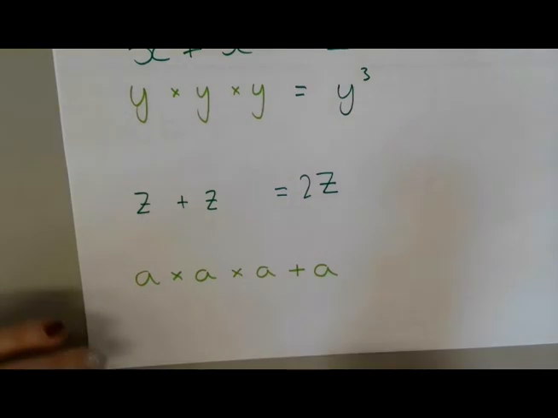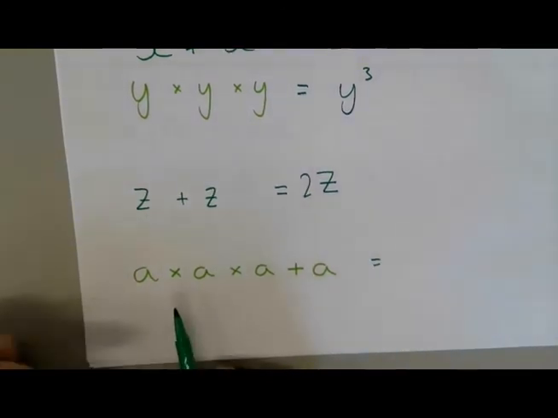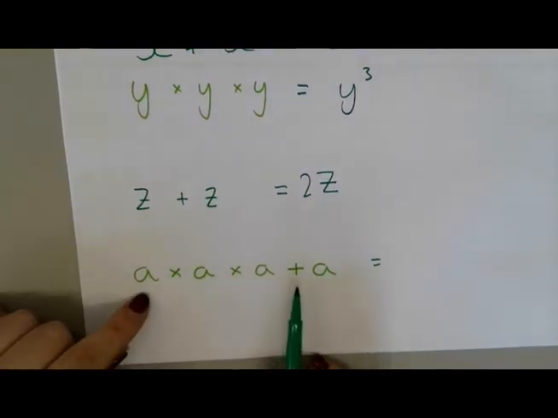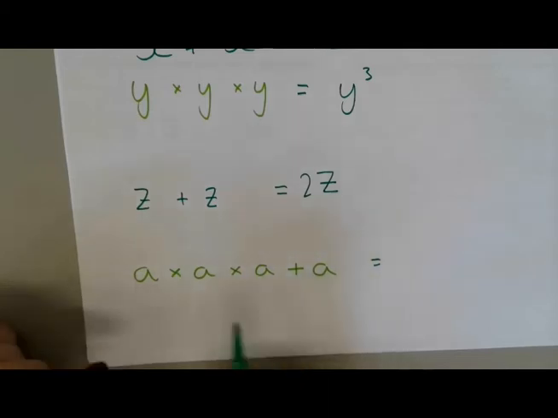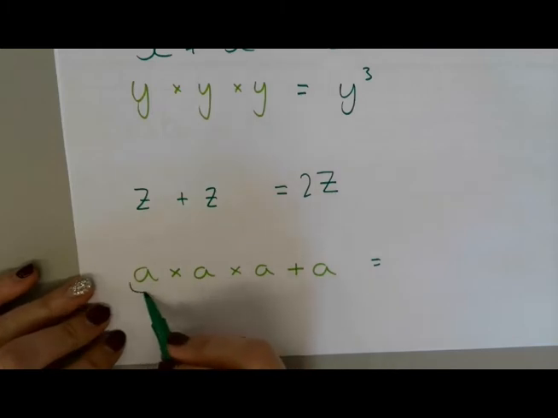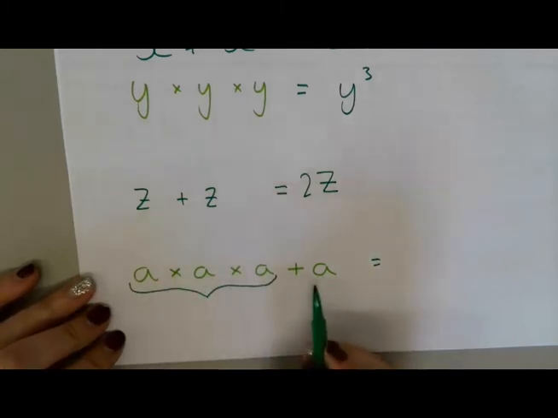And this last one, a bit of a mixture here, because I've actually got a times a plus a. So remember BIDMAS, multiplication happens first, so we're going to do this bit before we do any addition.